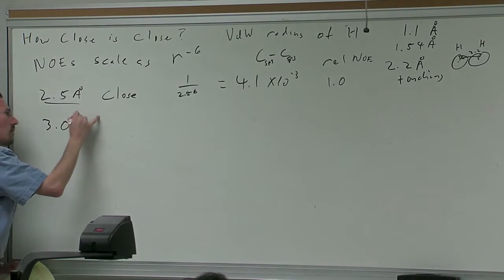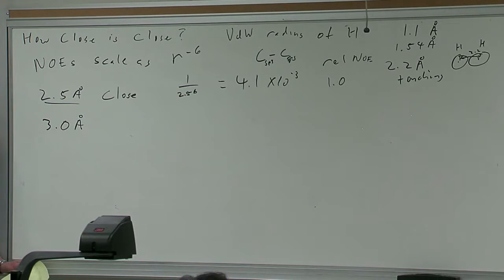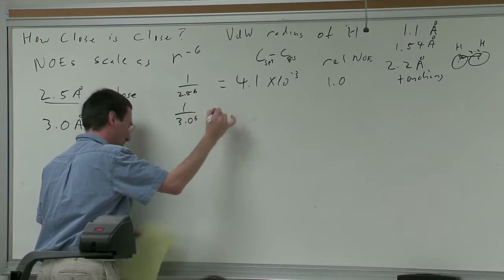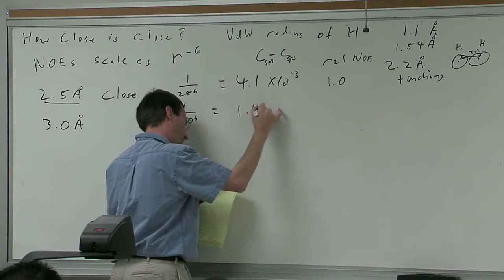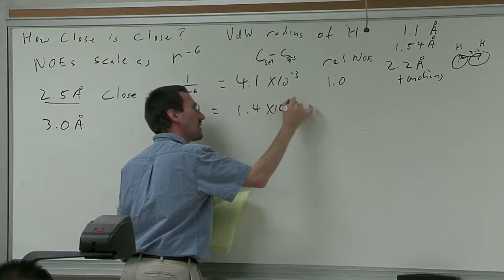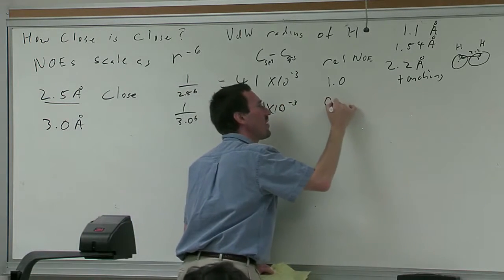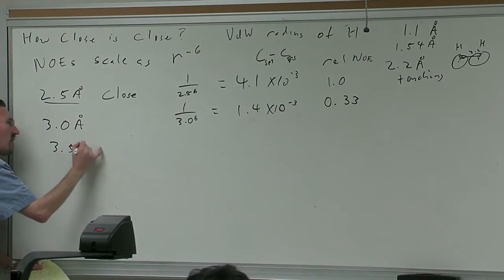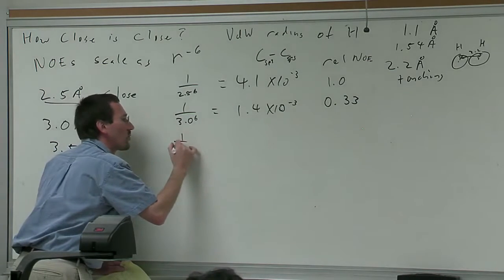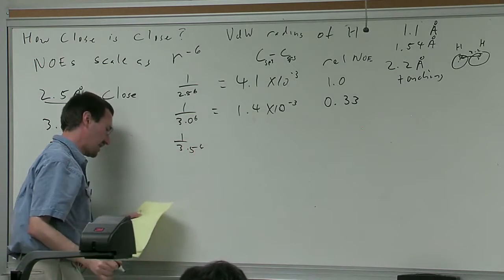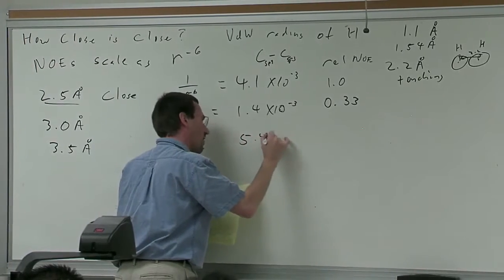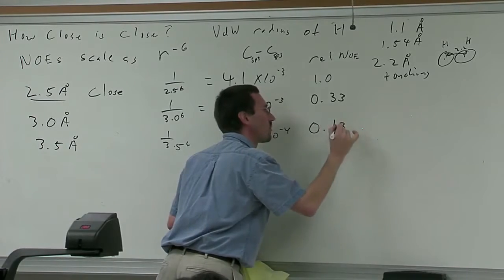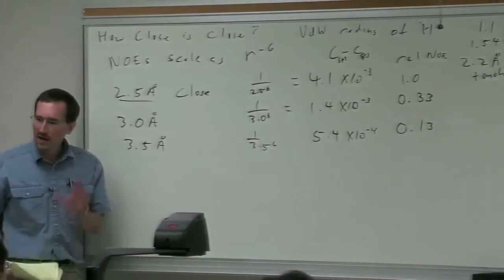So let me take 3.0 angstroms for comparison. If I now take 1 over 3.0 to the 6th, I get 1.4 times 10 to the negative 3. And so the relative value is 0.33. And if I do the same for 3.5 angstroms, take 1 over 3.5 to the 6th, that gives me 5.4 times 10 to the negative 4. The relative value is 0.13. Okay, what does that mean?